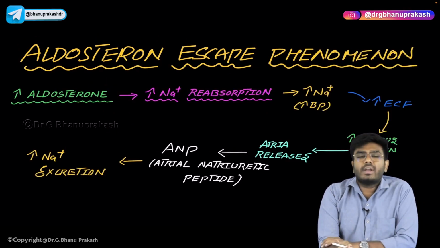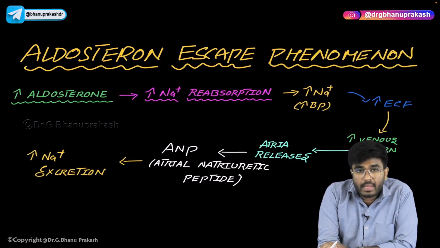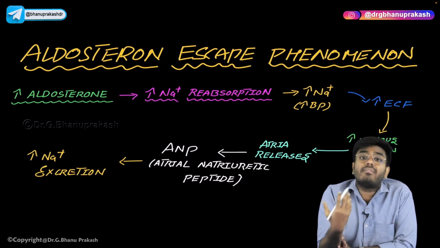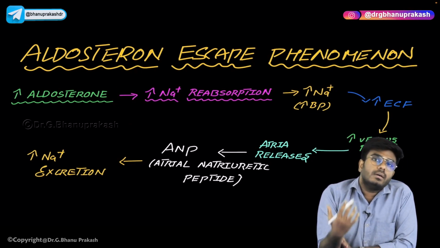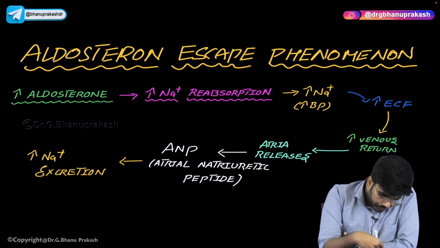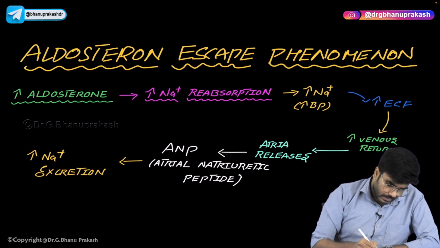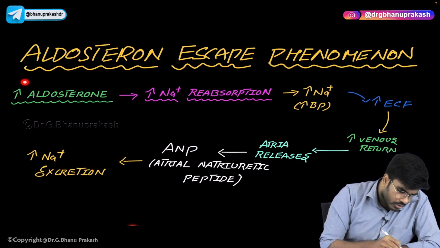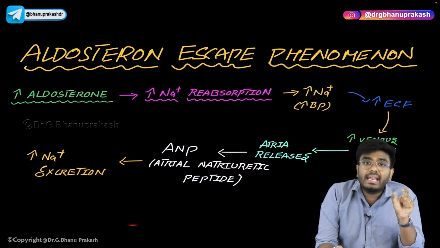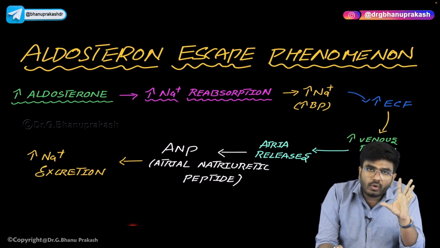Now let's discuss what exactly this aldosterone escape is. Why in Conn syndrome, even though there is so much aldosterone, is the sodium level not getting increased? Yes, in Conn syndrome, aldosterone levels increase. There is no doubt, because of the adrenal adenoma, the adrenal gland tumor, so much aldosterone is coming.